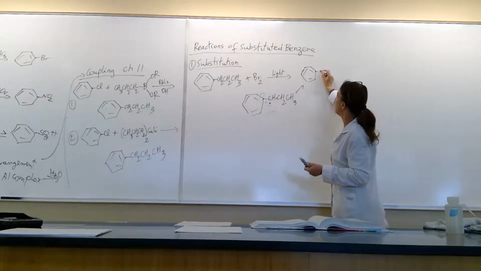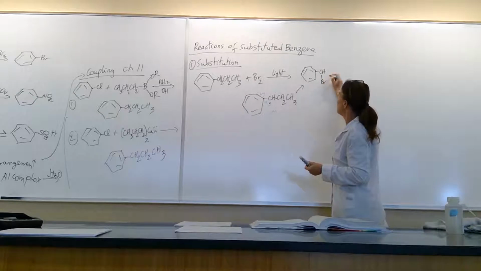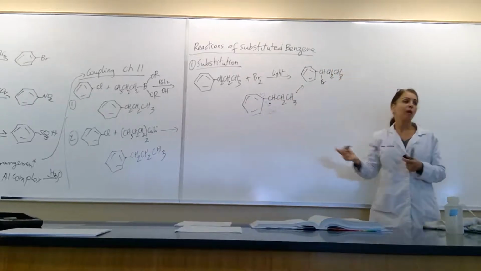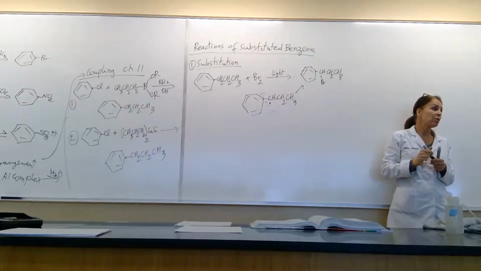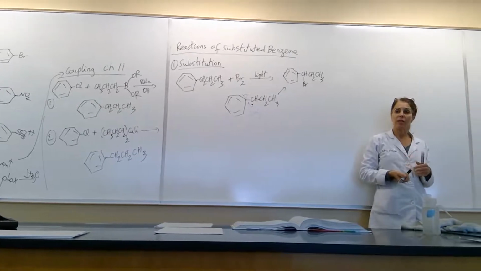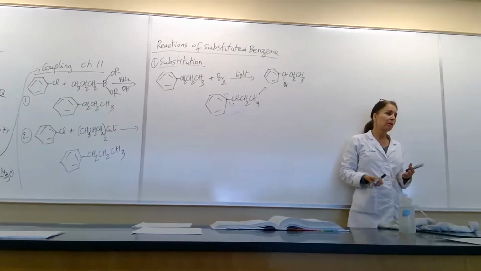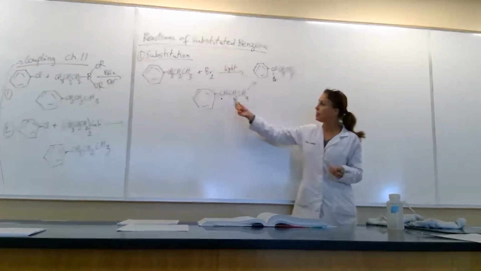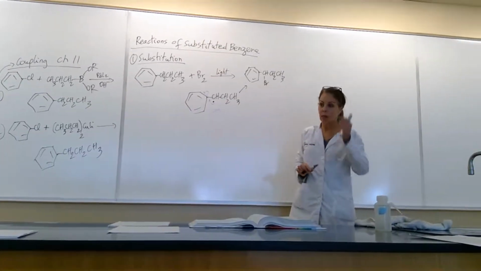We don't go back to the mechanism because you already know it from chapter 12, except that the alkene is attached to a benzene ring. The benzene is so stable that it's just sitting there, hanging out, not paying attention to what's going on. But it stabilizes this radical, okay?